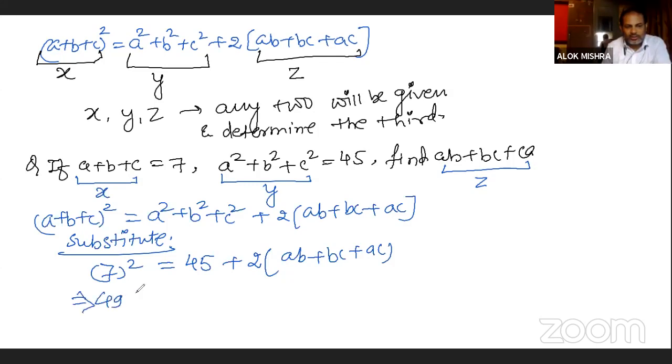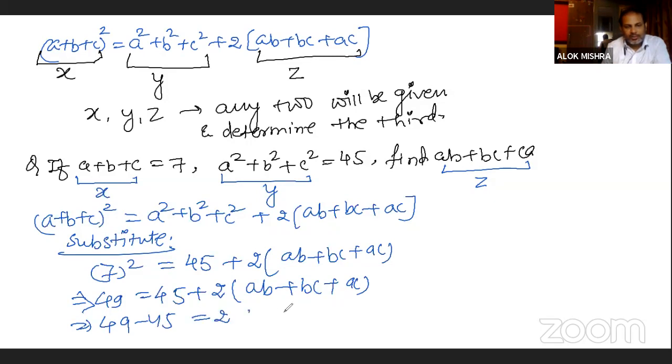So 49 is equal to 45 plus 2 times (ab plus bc plus ac). Now I can transpose this term 45 to the other side, so it becomes 49 minus 45, which is equal to 2 times (ab plus bc plus ac).